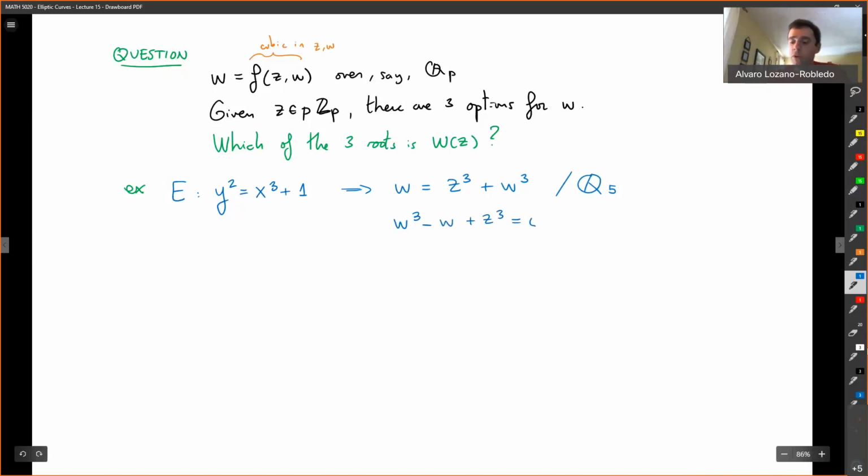So this is the polynomial in W and Z. So now take a value of Z, which is in 5Z5, and then I can evaluate it.